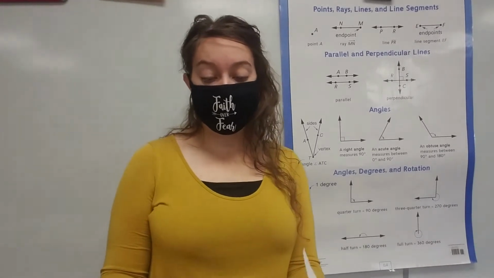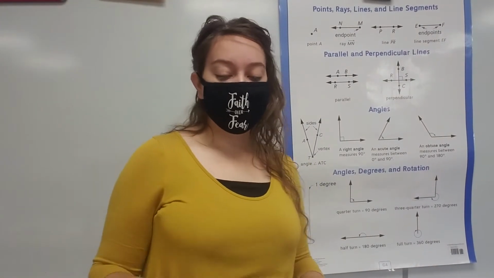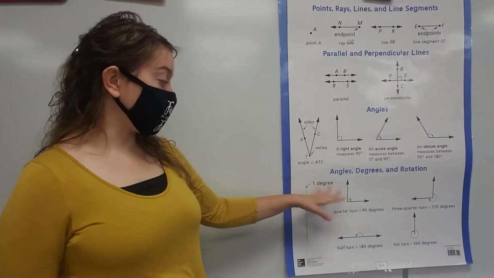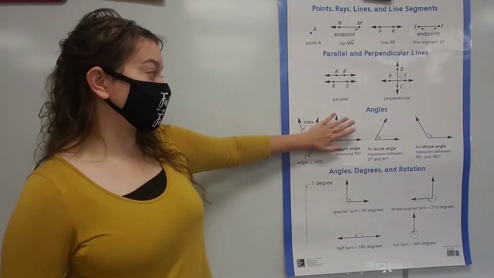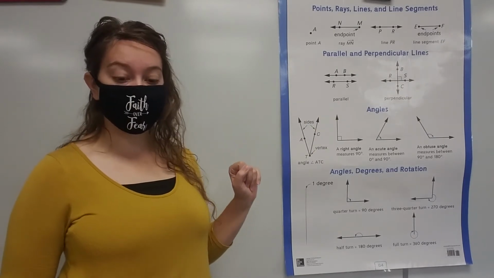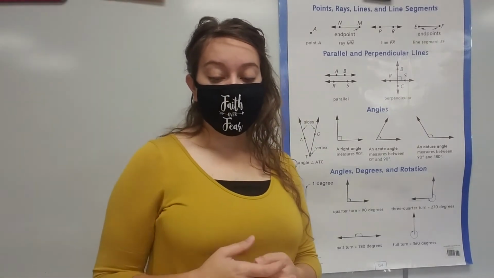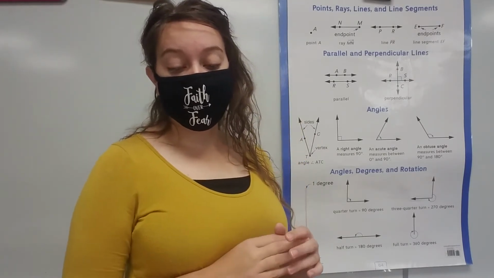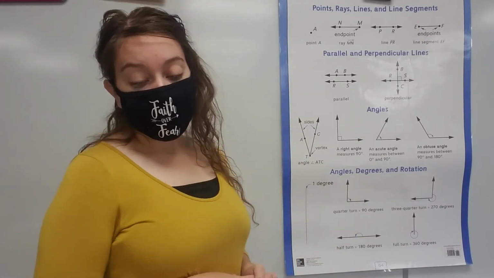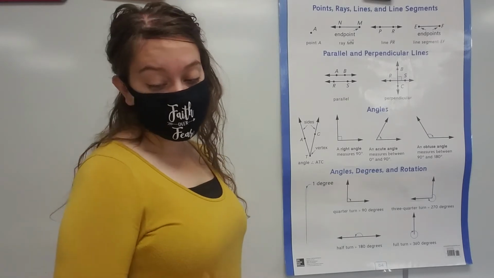Today we are not looking at the bottom part of this chart. We will talk about the rotation and stuff in another lesson. Right now we are just looking at the angles part. So it says to draw angle BAC, and then it asks, what is another name for it?